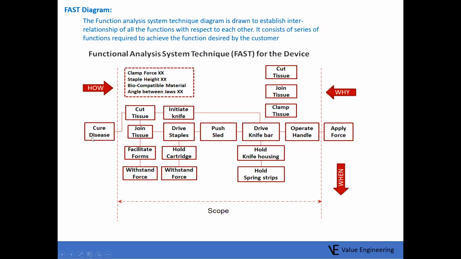Then acute disease is a lower order function, because we are using this instrument to cure the disease. That is the function. And how are we doing that? By applying the lever. How do you apply the lever? By applying the force. So here, cut the tissue.